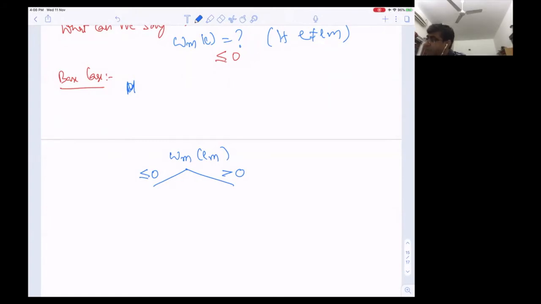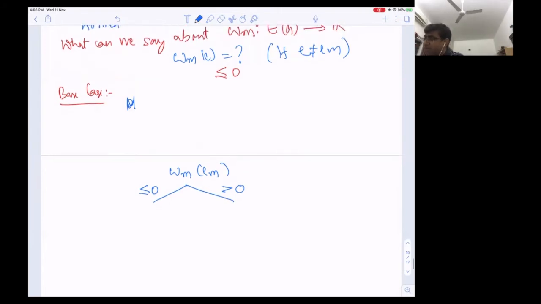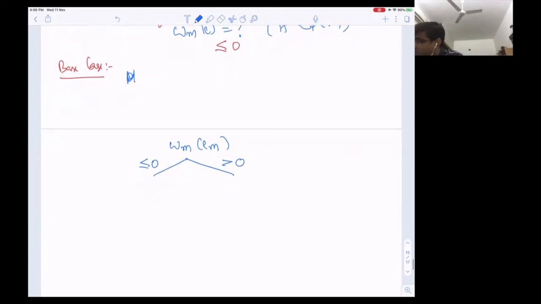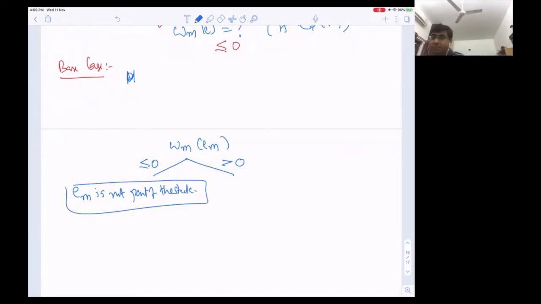Now, if the weight of Em is also less than or equal to 0, then what do we know? Em is not part of the stack. You did not add Em to the stack. That's one thing. Now, Mm could be the empty set.